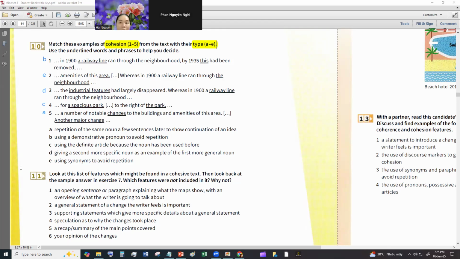And the second thing, besides using discourse markers like overall, furthermore, and so on in exercise 7, right? Besides that, you can use these 5 strategies or these 5 types of cohesive device. So you can see "a railway line" and "this." So use demonstrative pronouns: this, that, these, those, one.